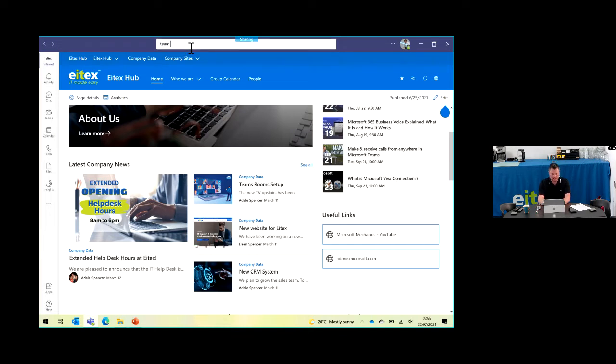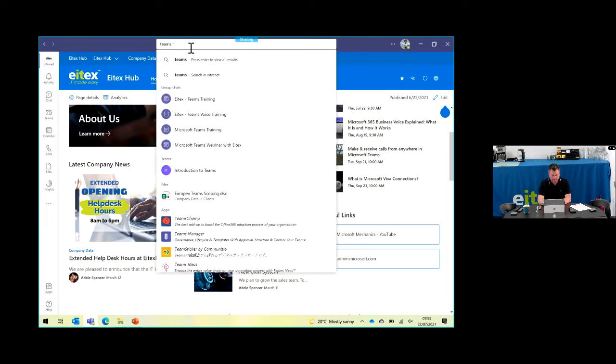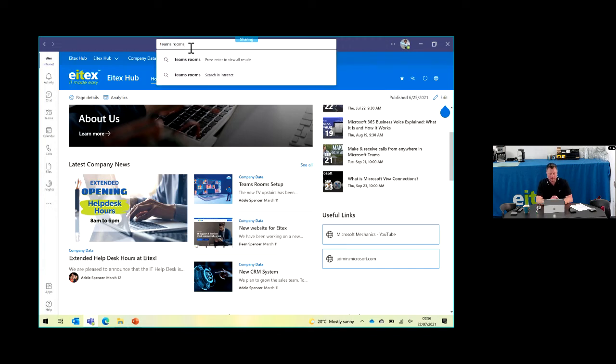So if I type Teams Rooms, now what you will see here is that the top one searches within Microsoft Teams. Whenever Luke, we're logged in as Luke right now, has talked about Teams Rooms in Microsoft Teams, it might have been a one-to-one chat with particular people in his organization.